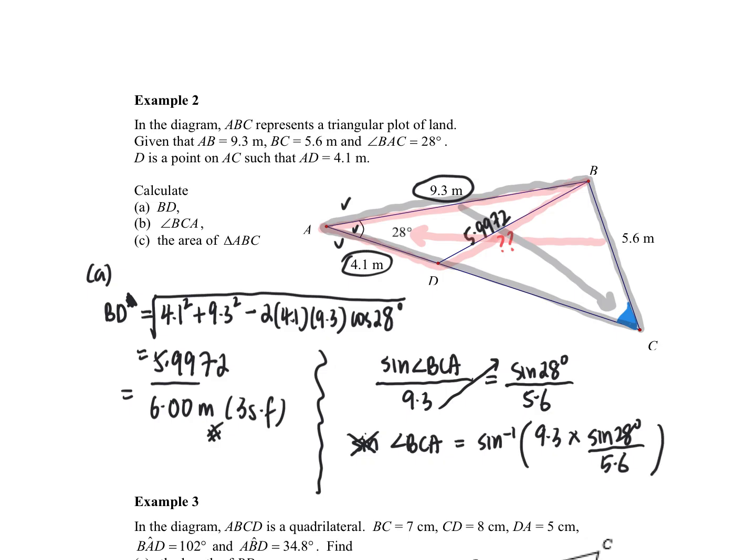So I just have to write everything one time. 51.22292. Okay, so that will be 51.2 degree, 1 dp. Okay, but quickly copy into the diagram so that you can use it for later.